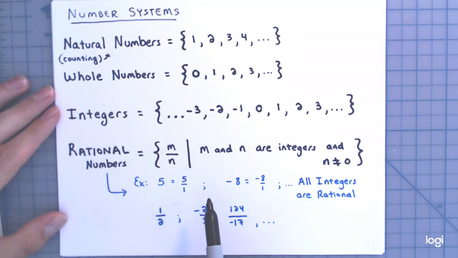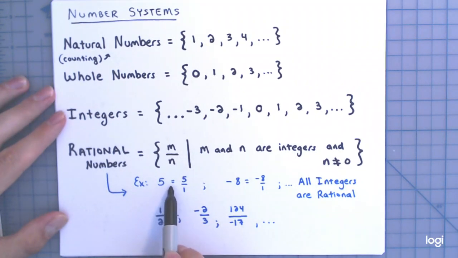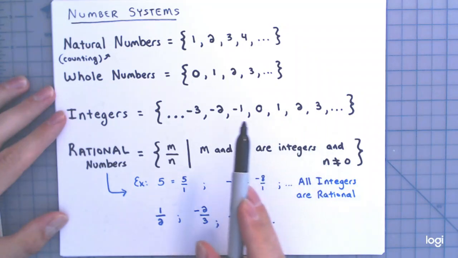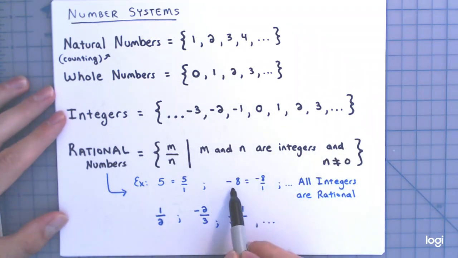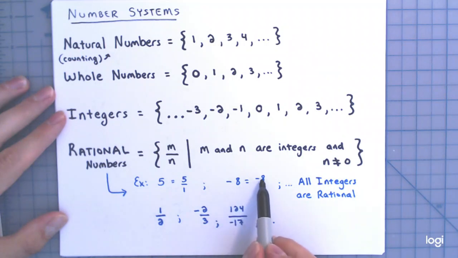So I throw some examples here. The number 5, you can write that as m over n, where you have integer over integer, right? You can write 5 as 5 over 1, or 25 over 5, right? You can write it as a ratio of two integers. -8, you can write as -8 over 1, or -16 divided by 2.